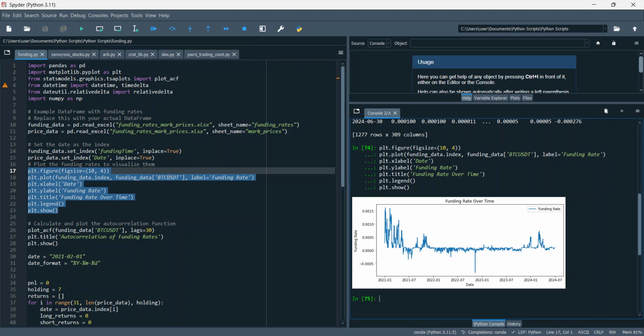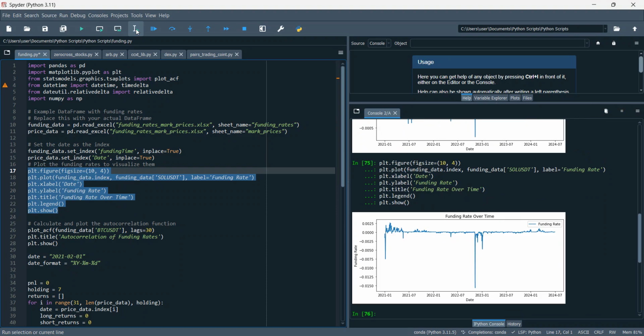We can also look at, let's say, Solana, SOL USDT, and visualize it as well. Yeah, you see, in the FTX collapse, the decrease in the Solana funding rate was even more dramatic, and that's not surprising actually, because Solana was the coin related to the FTX collapse directly.